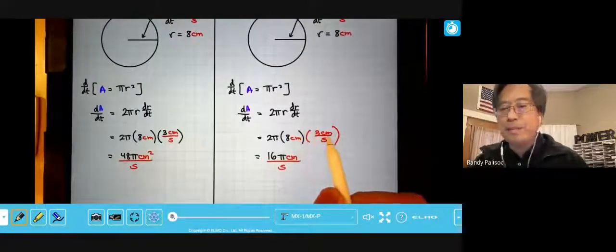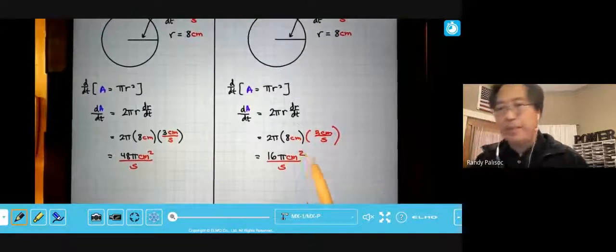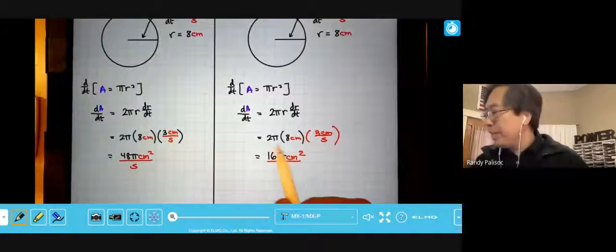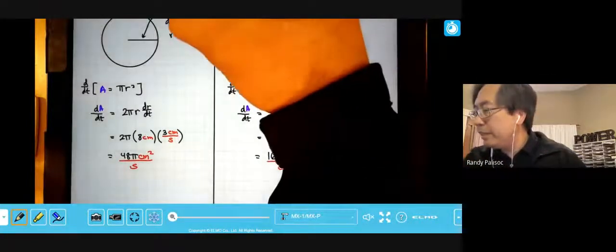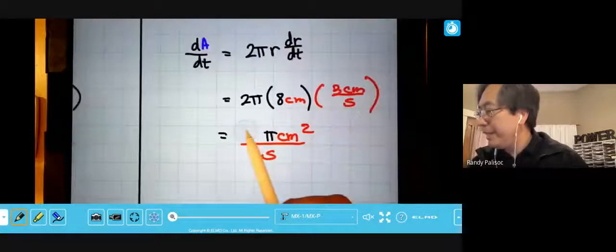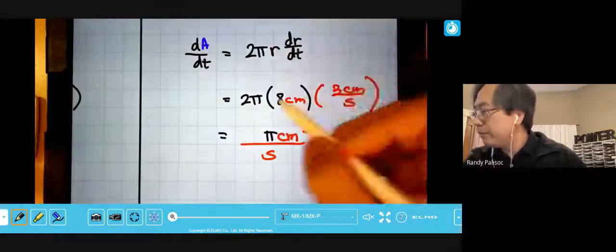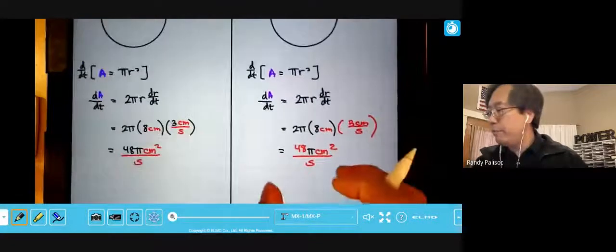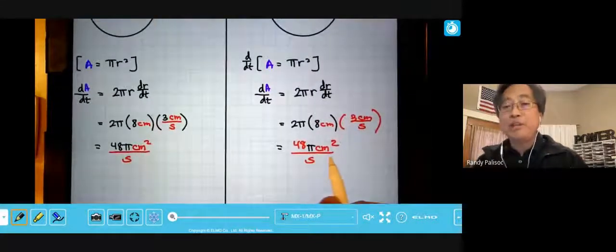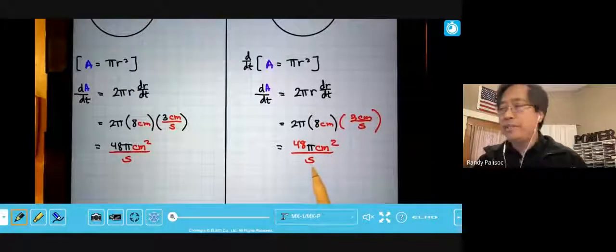Centimeters times centimeters gives you square centimeters. 2 times 8 times 3 is not 16. That should actually be 48. So let me fix that. So now I have the correct solution of 48 pi square centimeters per second.